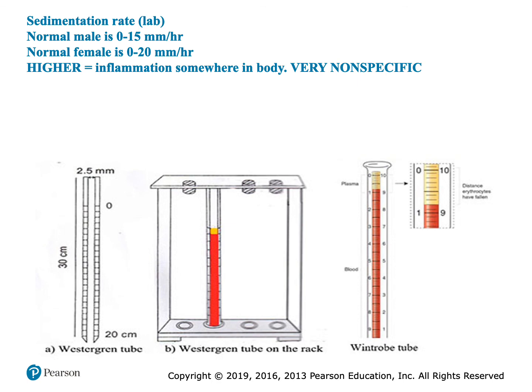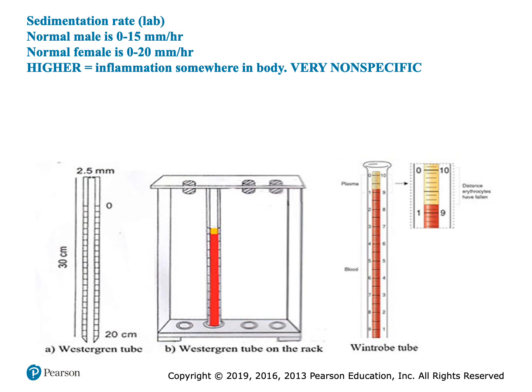So remember, the formed elements, red cells, white cells, and platelets, you can spin them down in a centrifuge and force them down to the bottom of the tube. But if you just set it on a counter without spinning it, gravity is going to pull those guys down.